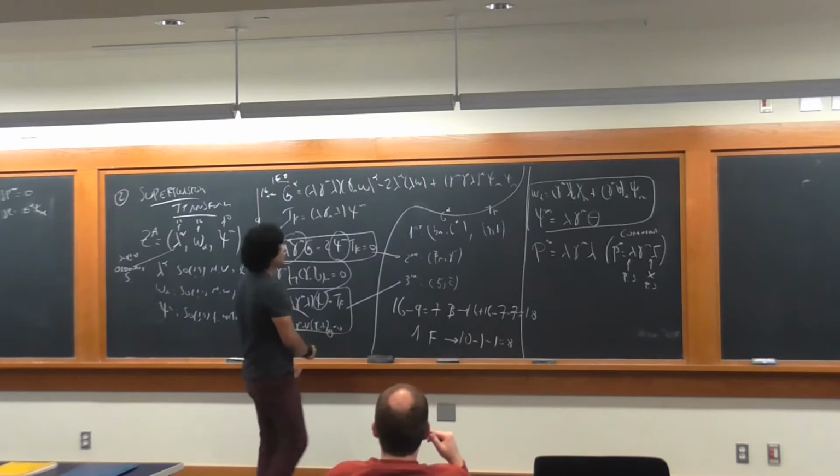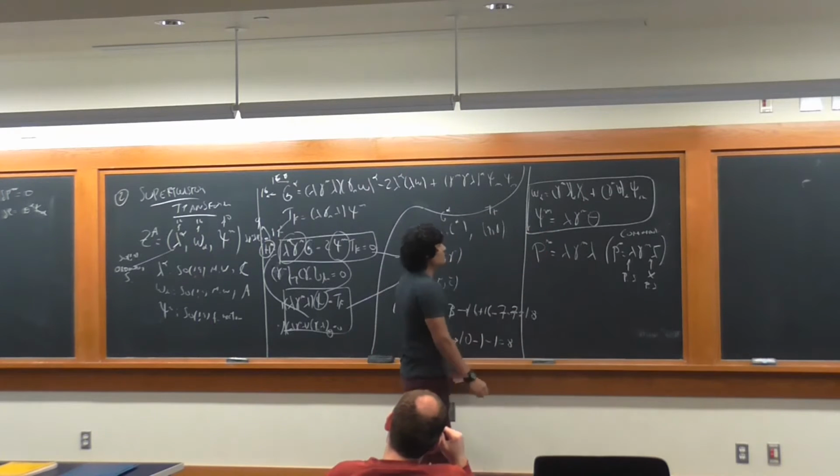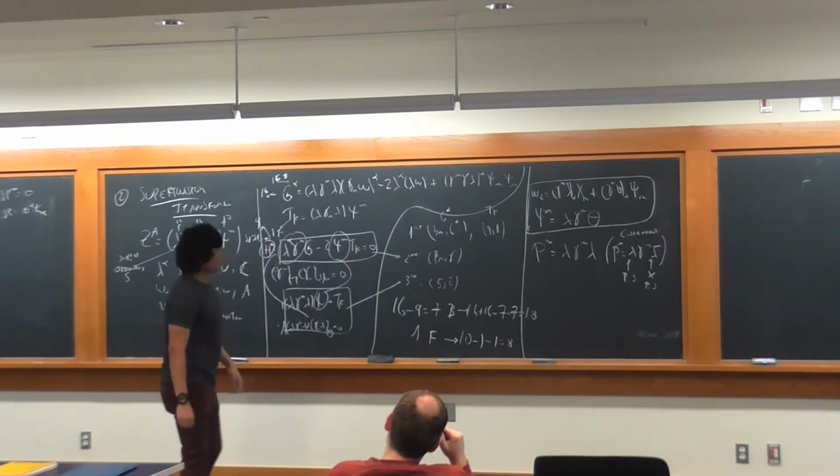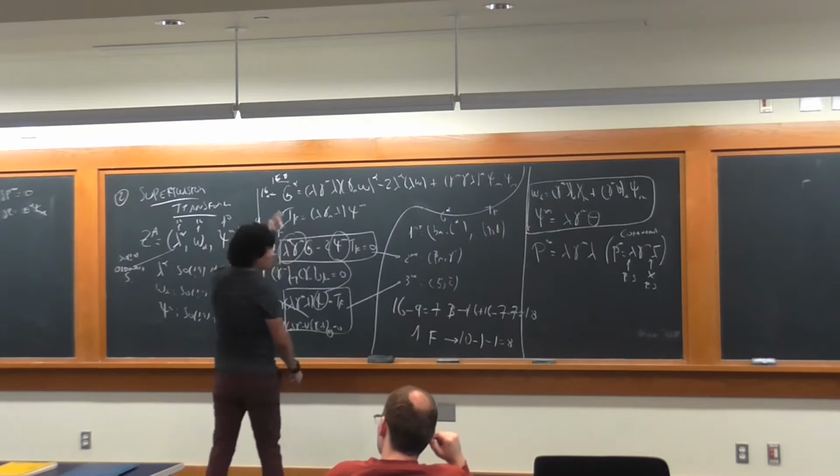Nice. So I have this model, these equations. Now I can use these equations in order to rewrite this action in terms of the supertwistor variables.